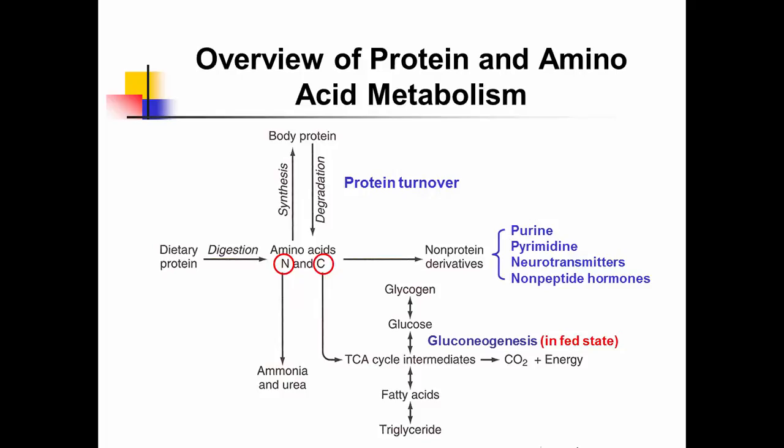And the purpose of this gluconeogenesis pathway is to convert amino acids to glucose, right? And store it, along with fatty acids. The gluconeogenesis converts to glucose, right? And it is stored as glycogen in the body in the fed condition.